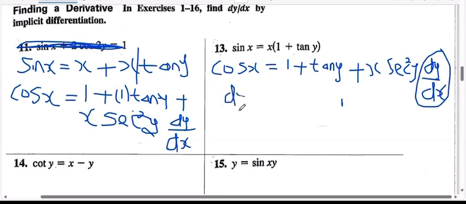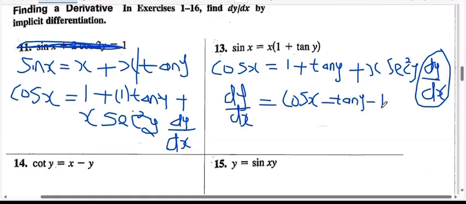So if I'm going to make dy/dx the subject of the formula, I'm going to have cos x minus 1 minus tan y, and everything divided by x sec squared y.